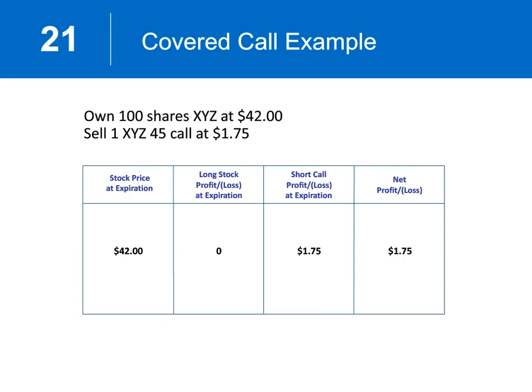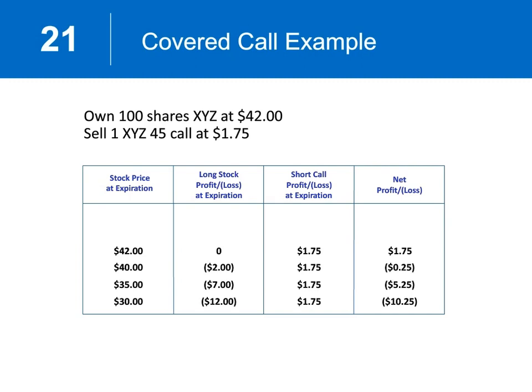And that's the whole idea with these covered calls: in a stable or slightly bullish market, the ability to generate additional income. Some people like to call it an extra dividend, a free dividend, but that's a perfect example there at $42 with the stock unchanged.